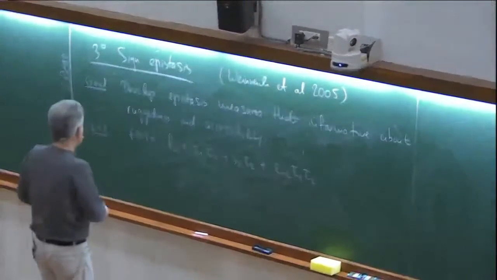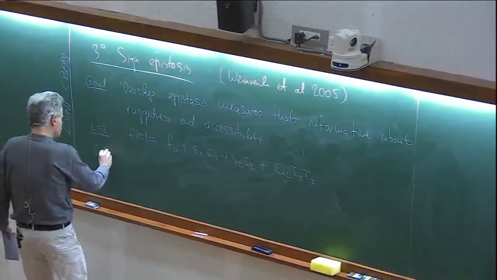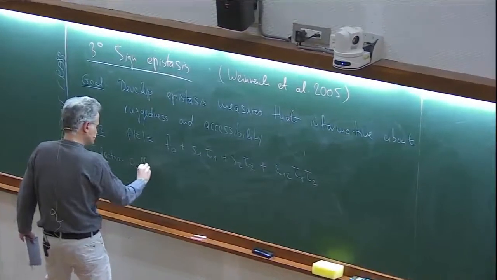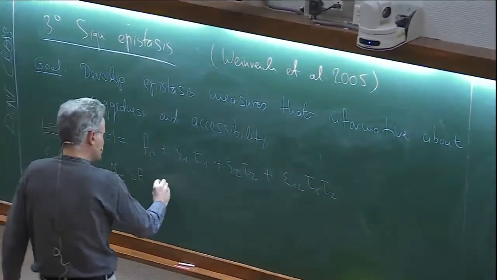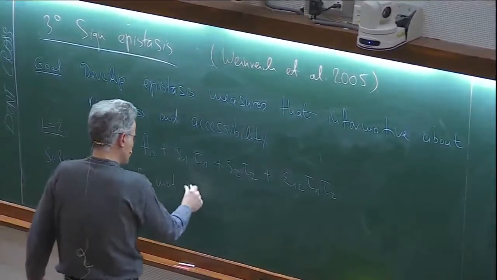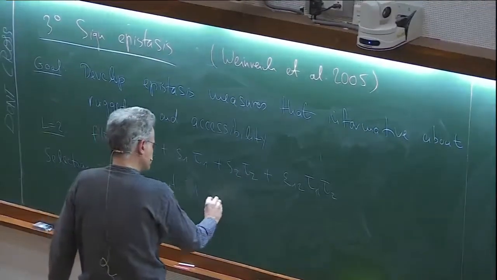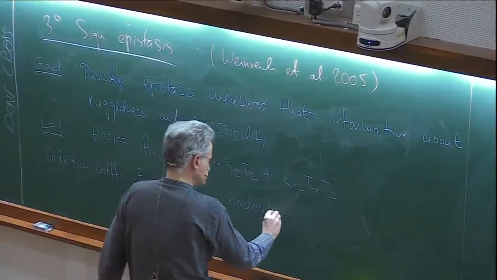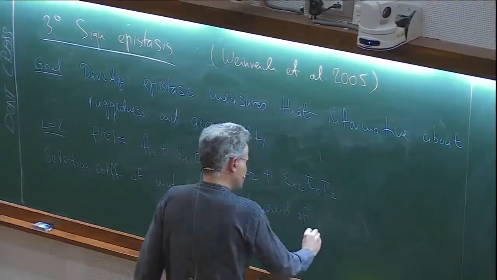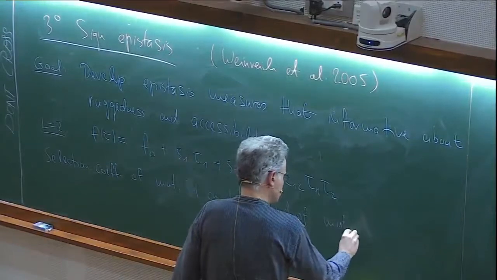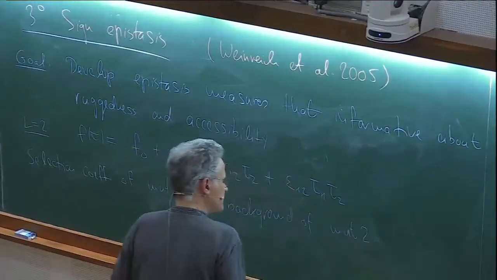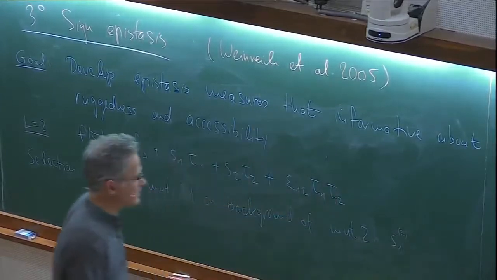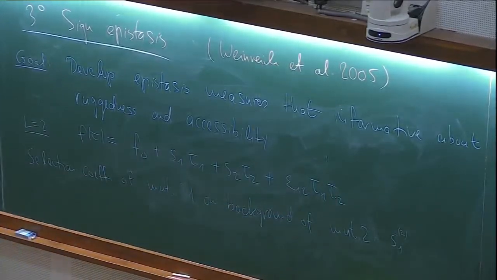So what is the selection coefficient of mutation 1 on the background of mutation 2? Let me call this S1 with a 2 upstairs. So this is now S1 on the background of S2.